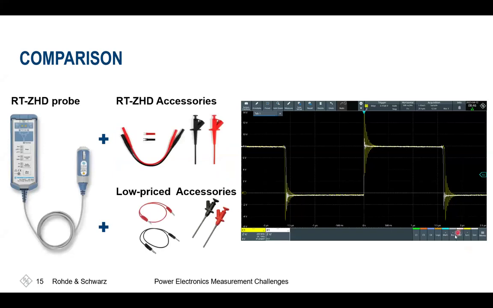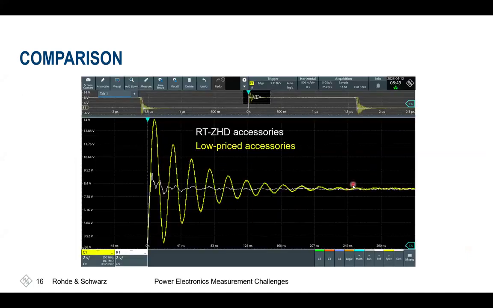Also, the colleagues did a comparison between some really cheap accessories they found in the lab and the standard delivery accessories of the RTZHD. And as can be seen, it makes a significant difference if you're using the high value products. For the white curve, you'll see less ringing and less overshoot than with the low priced accessories.